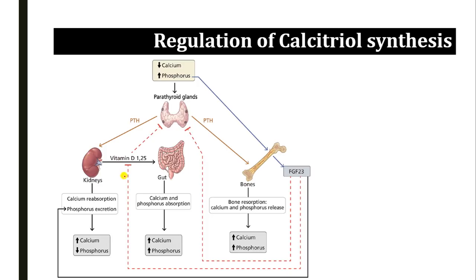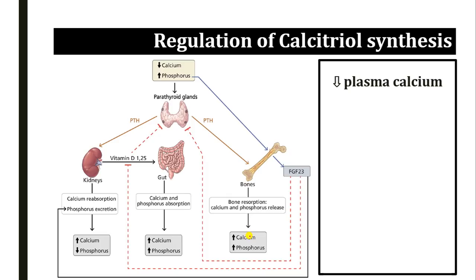That calcitriol acts on the gut, or we can say intestine. It promotes the calcium and phosphorus absorption, resulting in the increased calcium and phosphorus level. It also acts on the kidney, increasing the calcium reabsorption. This is all due to the PTH, but when the calcitriol increases, it also promotes the reabsorption of phosphorus also. And in the bone, whenever calcium level is down, it causes bone resorption and causes release of calcium and phosphorus. So there is increased level of calcium and phosphorus.